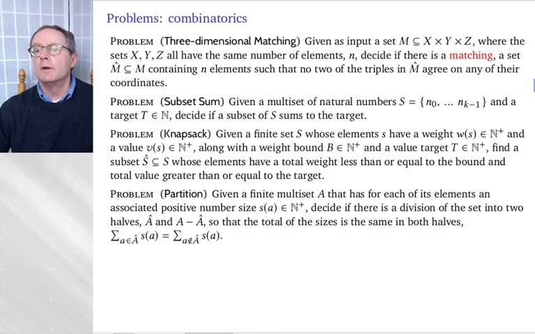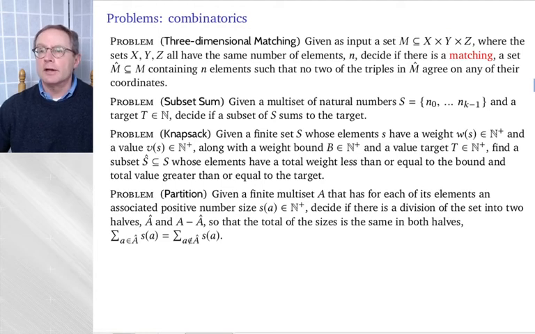There we go. I'm going to talk about some combinatorics problems here, just running down a list of the kinds of problems, hoping that a person gets a feel for what kinds of problems we'll be talking about. So, three-dimensional matching. You're given an input set, you have some X, Y, and Z, and you look at triples, lowercase x, y, z, and you're given an input set capital M, which is a set of triples.